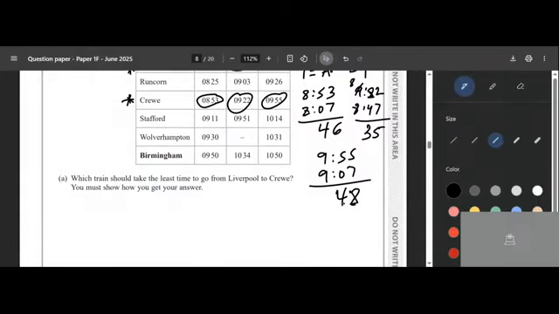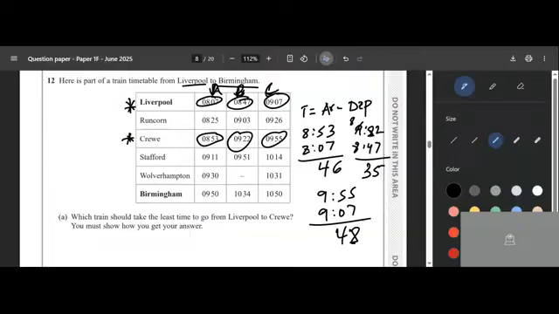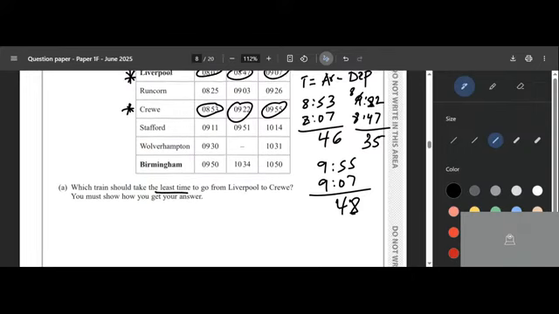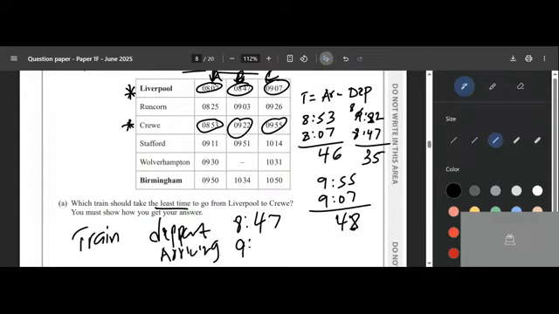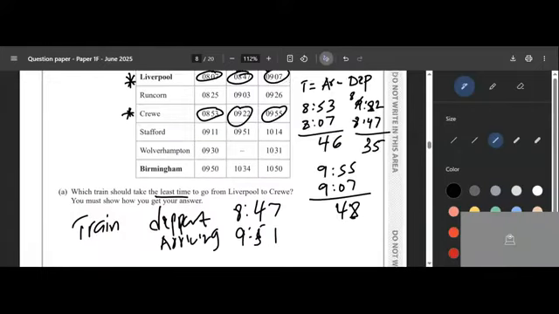So realize that the second working that we did, the one in the middle, is the one that will take the least time to go from Liverpool. So we'll say the train departing, it's not a must you write all this, 8:47, and arriving at 9:51.